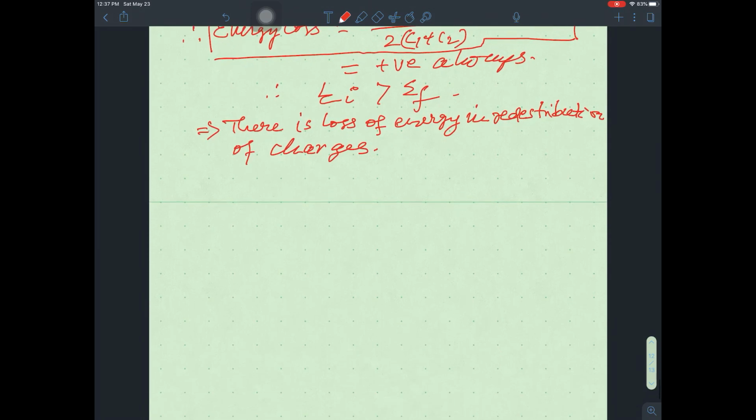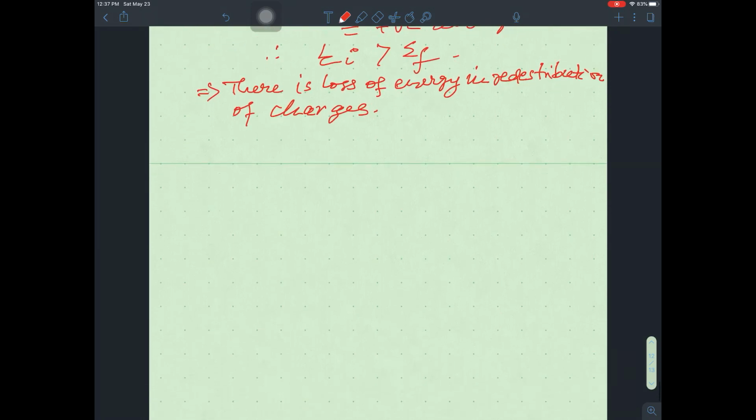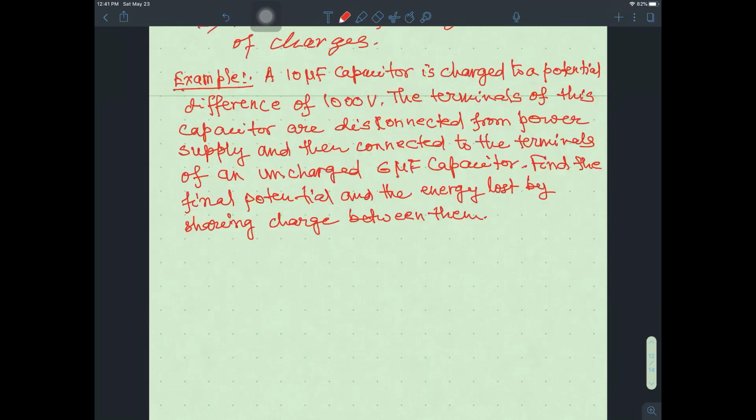After this, we should see one example based on this concept. Let us try. So the example is that a 10 microfarad capacitor is charged to a potential difference of 1000 volt.